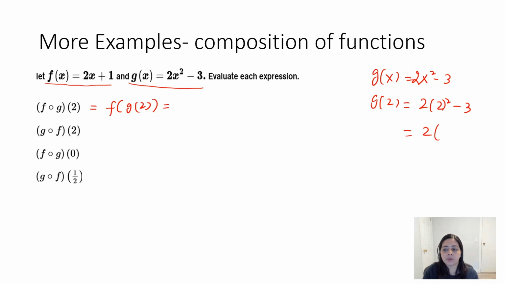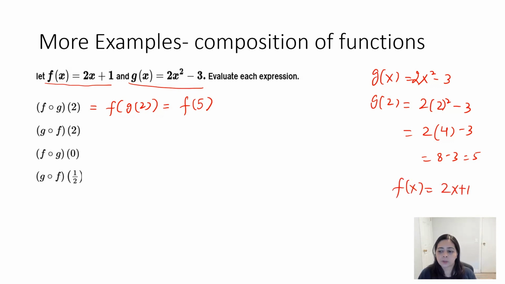So 2 times 4 minus 3. So 8 minus 3, that is 5. So g of 2 is 5. Replace that here. And now you need to evaluate f at 5. f(x) is 2x plus 1. So f at 5 is 2 times 5 plus 1. 10 plus 1 equals 11. So that's the first answer.